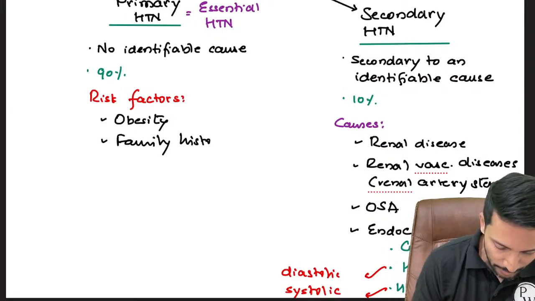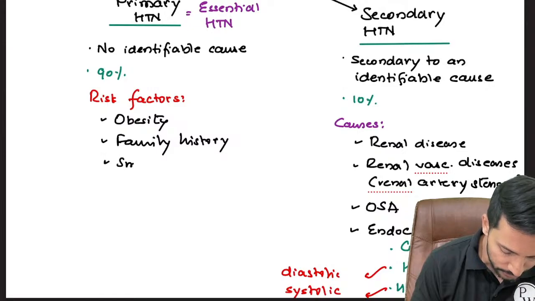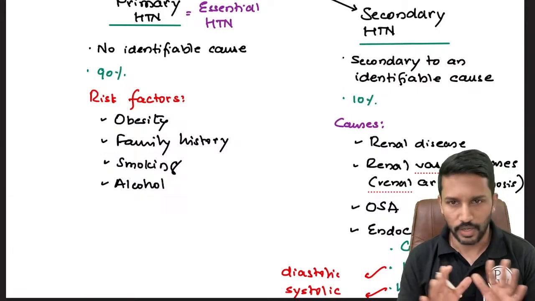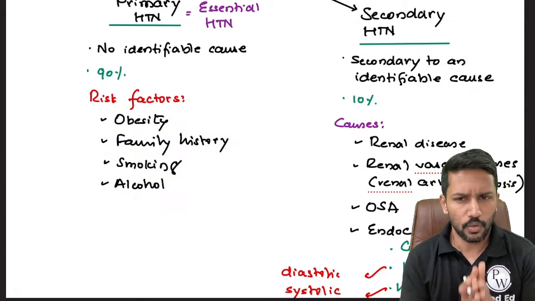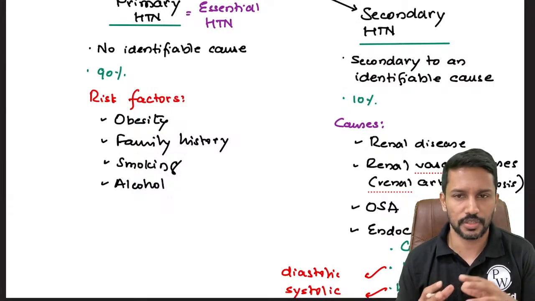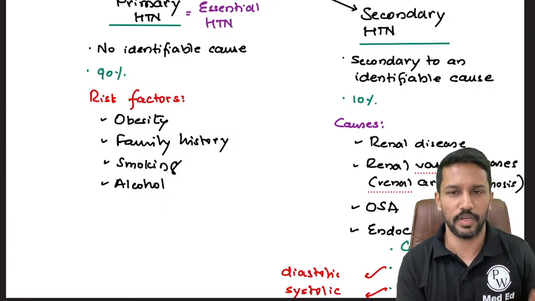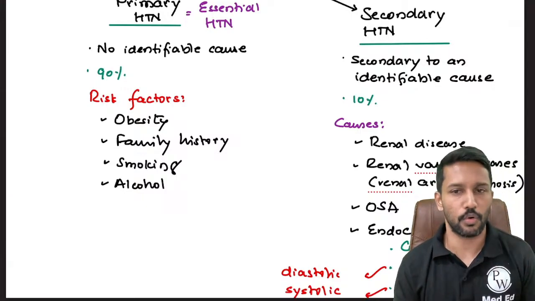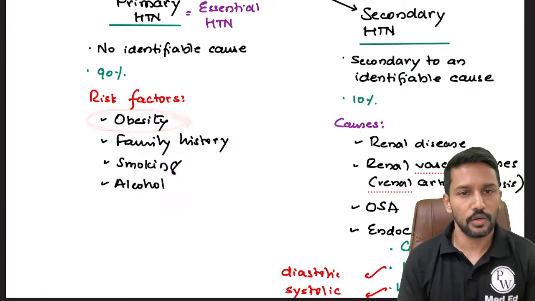In terms of habits, smoking. Yes, alcohol is also a risk factor, but smoking is a stronger risk factor than alcohol. Family history, definitely yes. Around 1/3 of the patients with hypertension have a clearly traceable family member with hypertension. But if you ask me to pick one most important risk factor, I would say obesity.